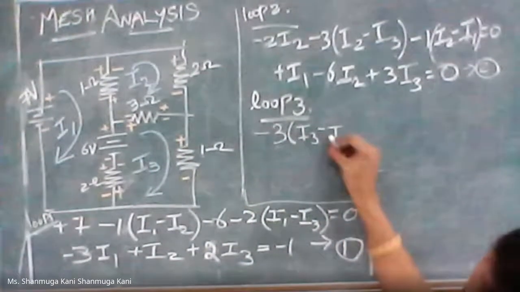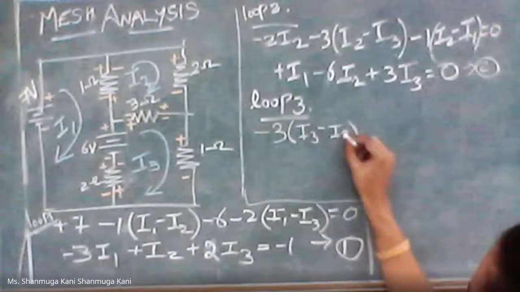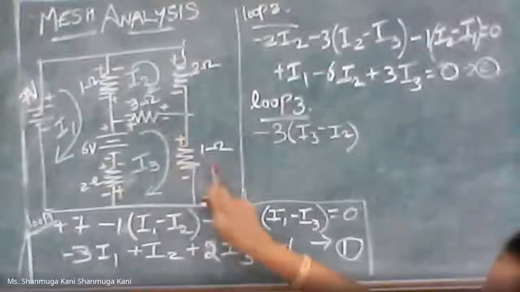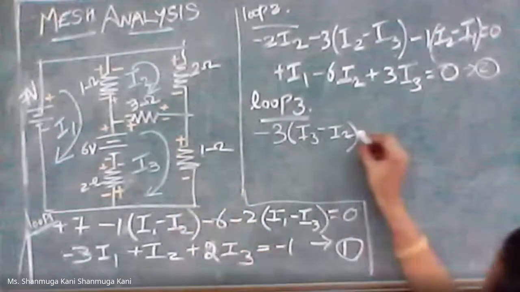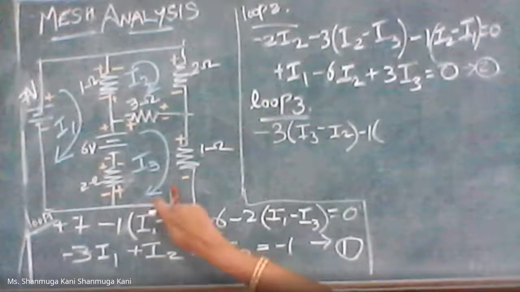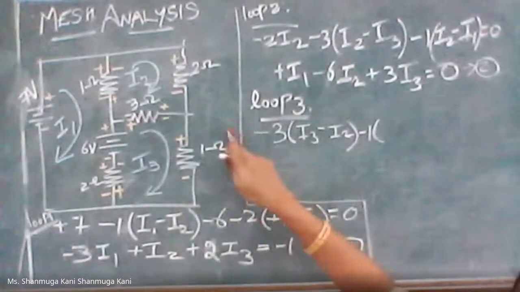I3 minus I2, right? Then the 3 ohm we have completed, then 1 ohm. Leaving sign is minus, so minus 1 into I3 alone, because no other term will be included.